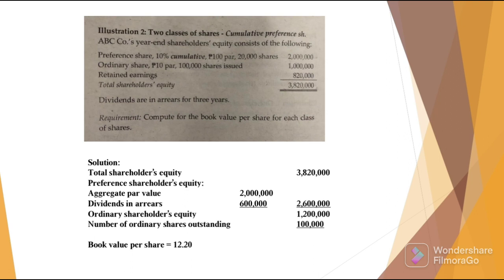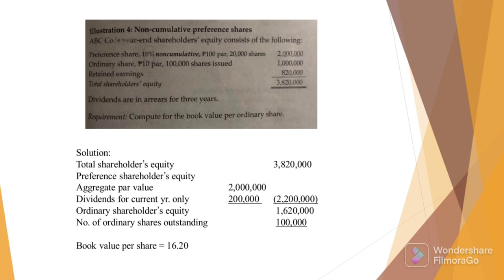Sa illustration 4, pinapakita kung paano isolve ang isang non-cumulative preference shares. So, ang solution ay total shareholders equity na 3,820,000.